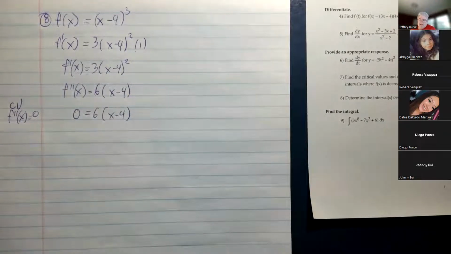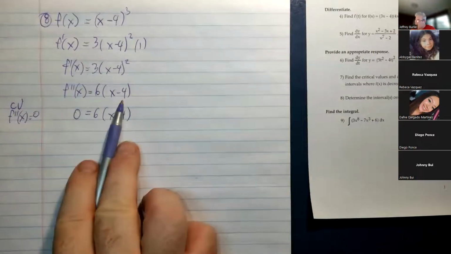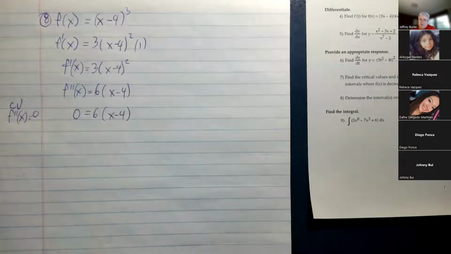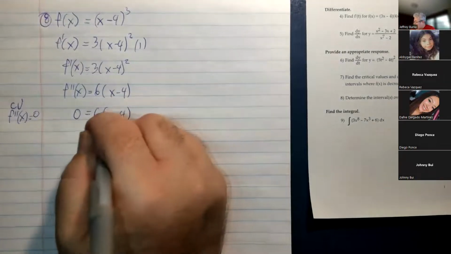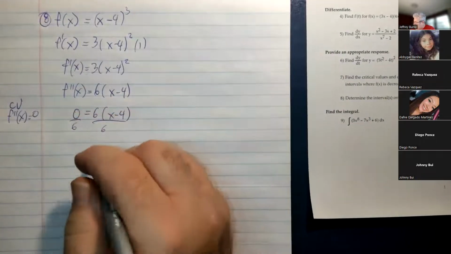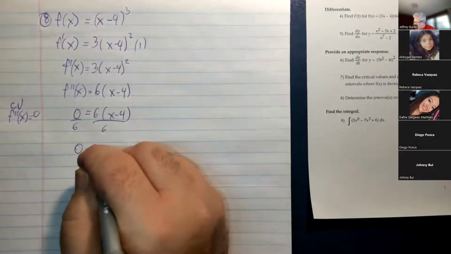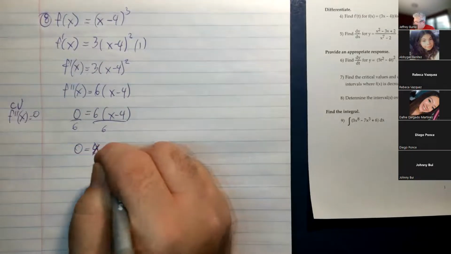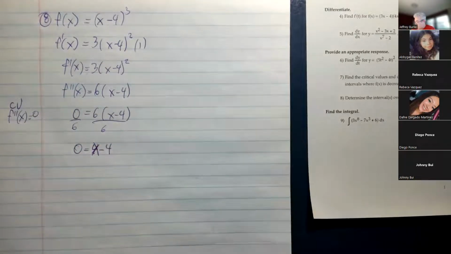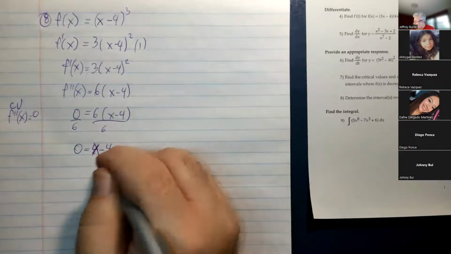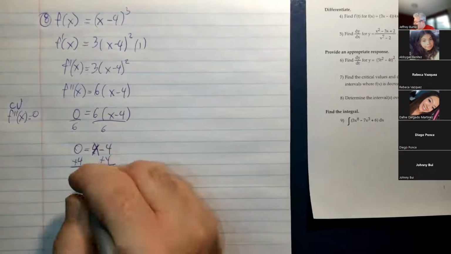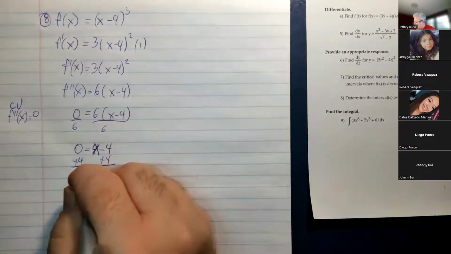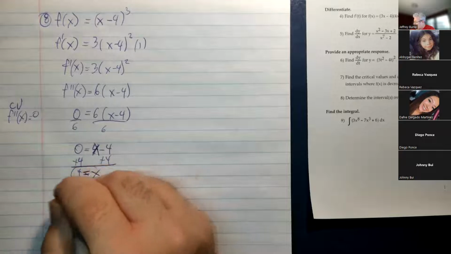The reason I said not to distribute the 6 is that usually a strategy is to factor it, and then just divide by 6. Then we get 0 is equal to x minus 4, and if I add 4, I get 4 is equal to x.